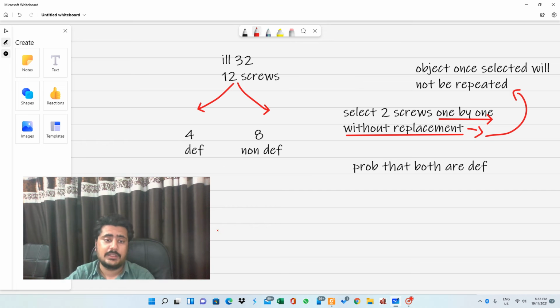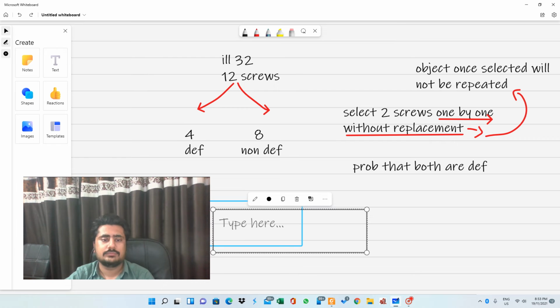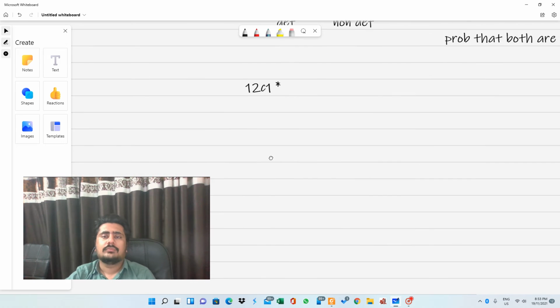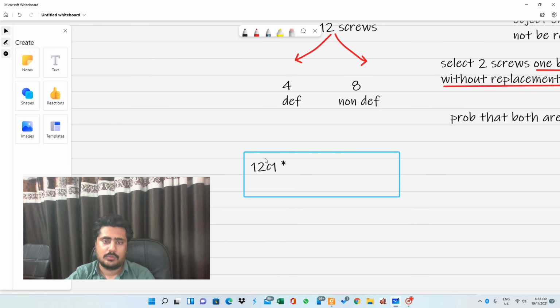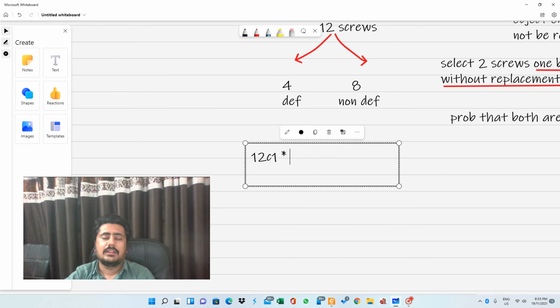That means if I am selecting one screw from the 12, that is 12C1, then that screw which is selected will not be repeated, because it is without replacement.